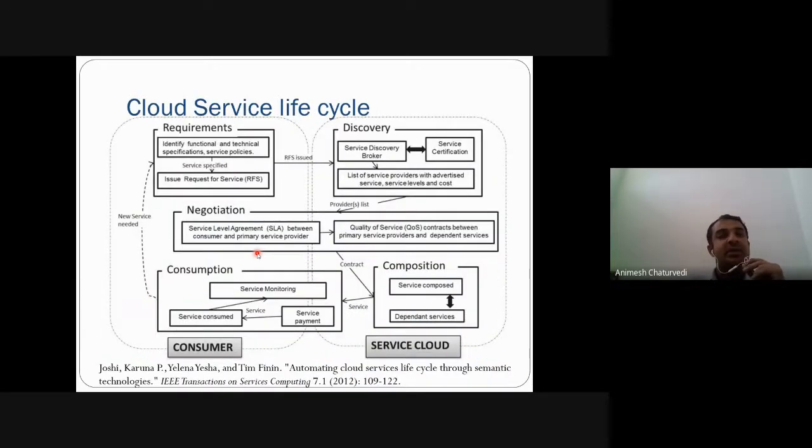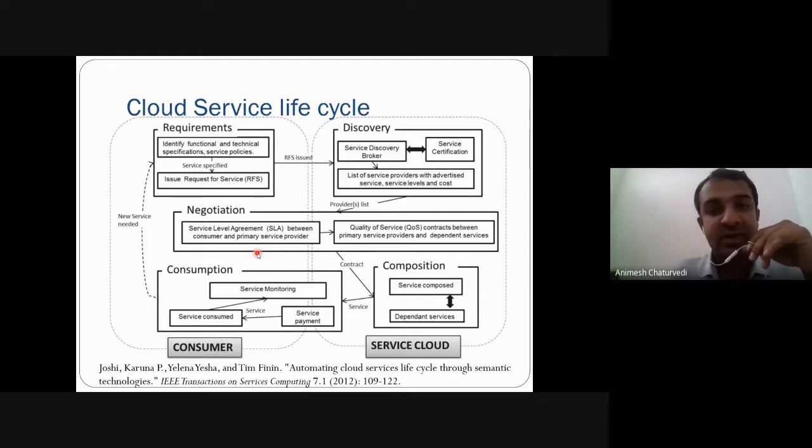Thereafter, you will study the requirement: how the requirement should be handled, how discovery should be done, how negotiation could be done, how consumption of that service could be done, then how composition of that service could be done.